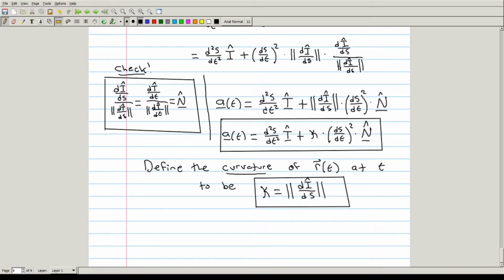And this is a very, very important formula because it decomposes for any curve the so-called tangential acceleration and the normal, or centripetal, acceleration for any motion, any curve at all.